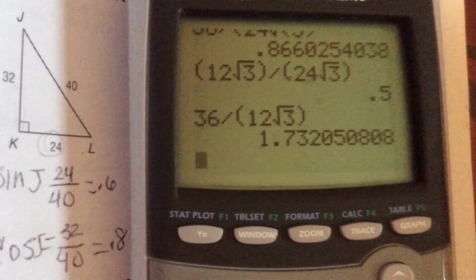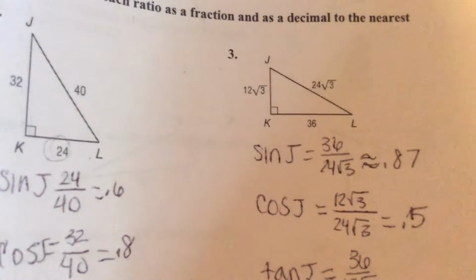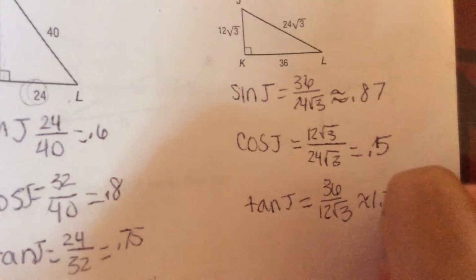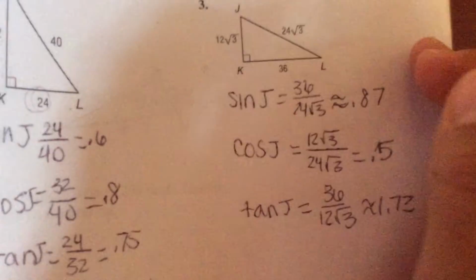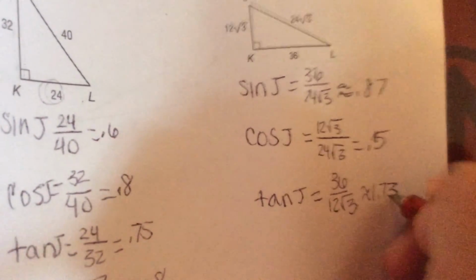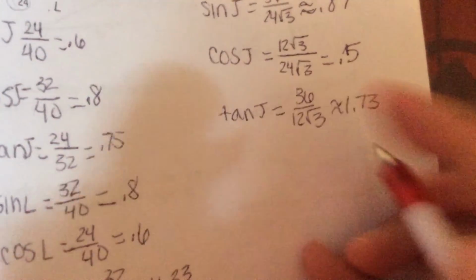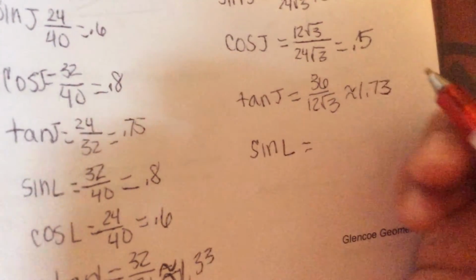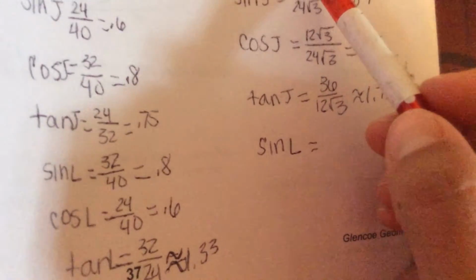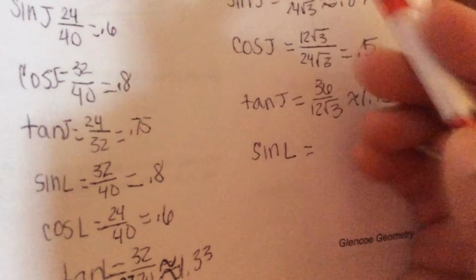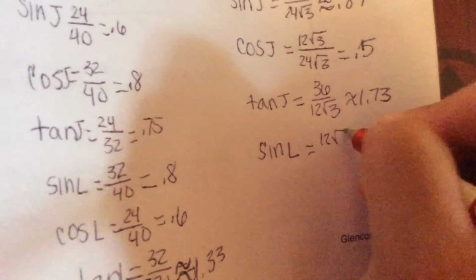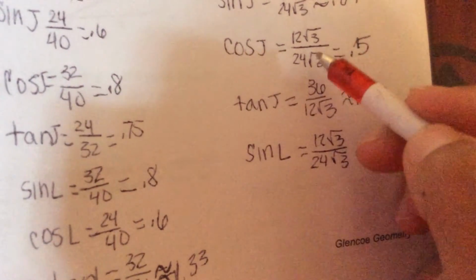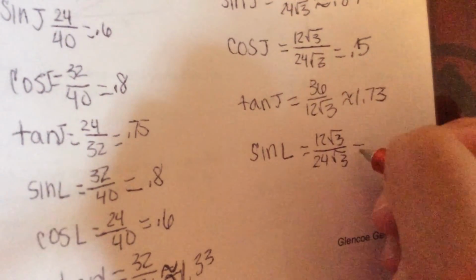That gives you approximately 1.73. Repeat with the angle L. The sine of L is the opposite over hypotenuse, so 12 square roots of 3 over 24 square roots of 3. We already know that. It is 0.5.